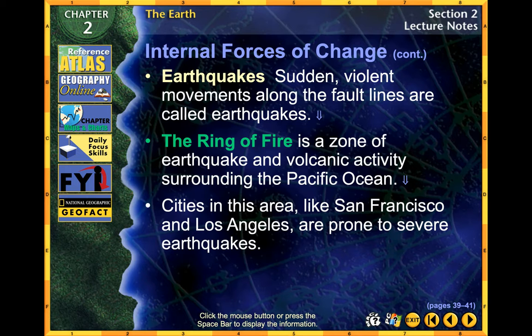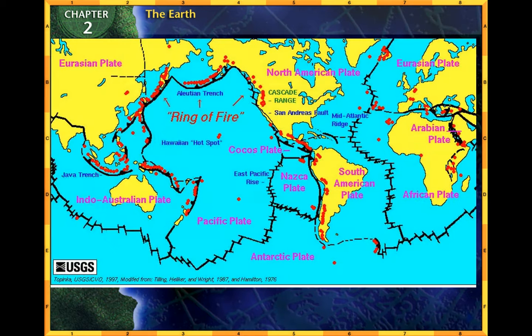Now, the cities in this area like San Francisco, Los Angeles, Tokyo, those cities are prone to severe earthquakes from time to time. So as you can see here, along the Ring of Fire, you've got this whole region that is just a series of volcanoes and plate movement. And it's constantly contracting or expanding.